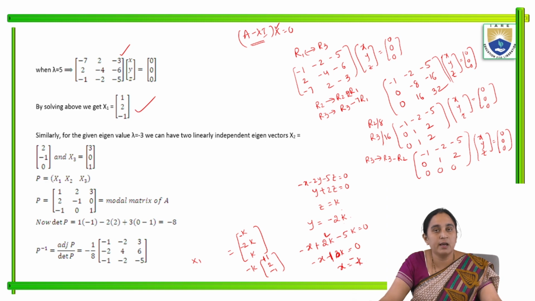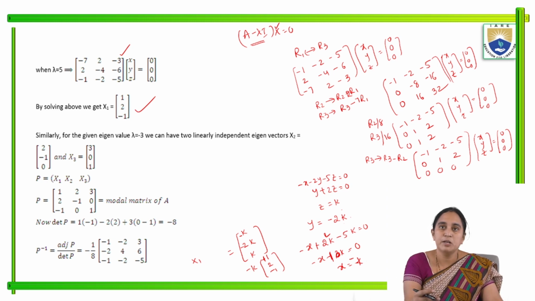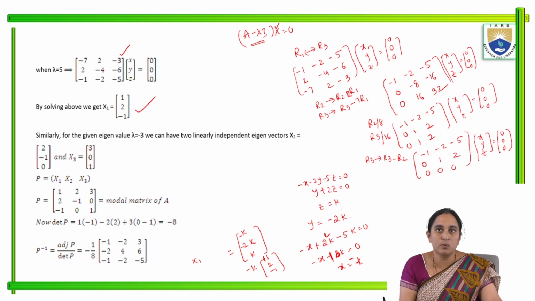Similarly, we have to find the eigenvectors for the repeated eigenvalue. What about the repeated eigenvalue here? Lambda is equal to minus 3. We have to apply the same concept, the eigenvector formula A minus lambda I into x is equal to 0.